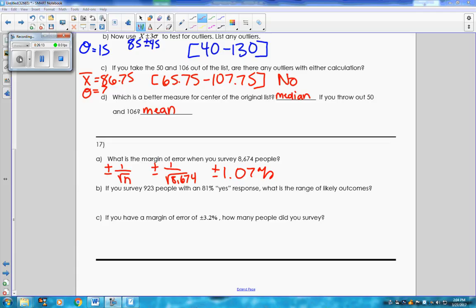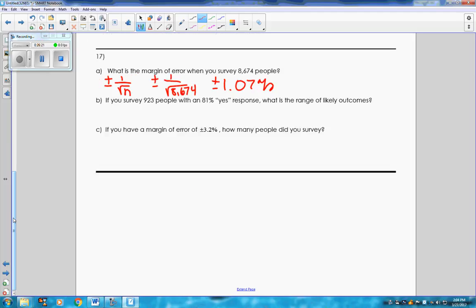Part B says that if you survey 923 people with an 81% yes response, what is the range of the likely outcomes? So this wants the interval. Remember, you need to find the margin of error, which is 1 over the square root of 923, which gives you plus or minus 3.29%.